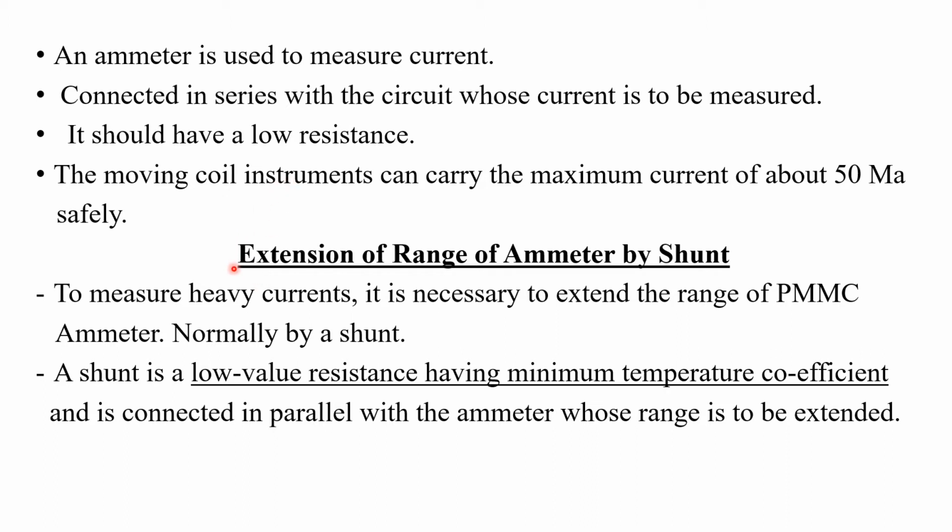The internal resistance of the ammeter must be as low as possible, because if the internal resistance is very small, then the voltage drop across the meter will be very small, and thereby the power consumption for the working of the meter will be very small. So normally we use a low resistance as the internal resistance of the ammeter.